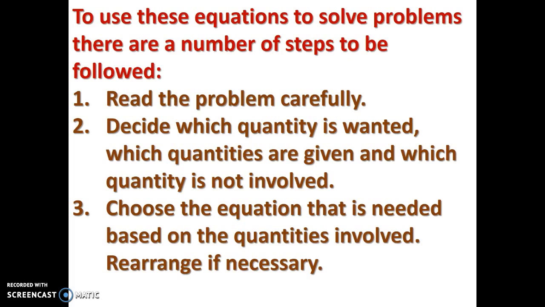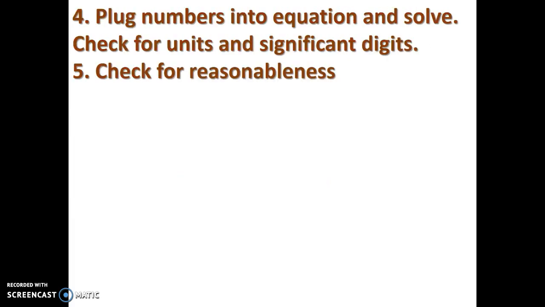Step 3, you're going to choose the equation that's needed based on the quantities involved. You can only use an equation that involves the quantities that are involved in the problem. And then, of course, you may need to rearrange the equation if necessary. Step 4 is where we get into the calculation. This is where you're going to take the numbers and plug them into the equation, making sure they fit into the right slots.